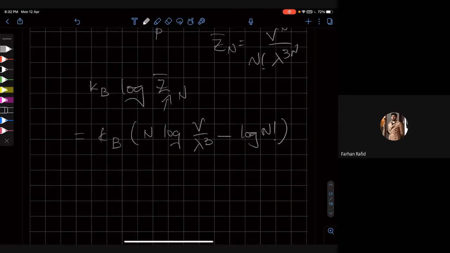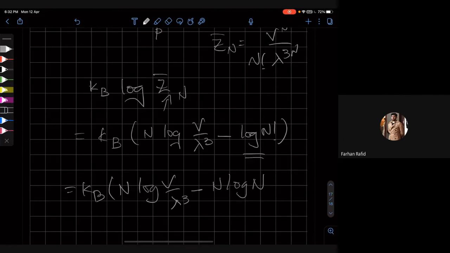And then what we can say is Kb, and then we have n log of v by lambda cubed, and this other term can be written, using Stirling's formula, as minus n log of n plus n, and then minus 1, but we can ignore the minus 1 because it's multiplied by Kb, which is a small number, right?